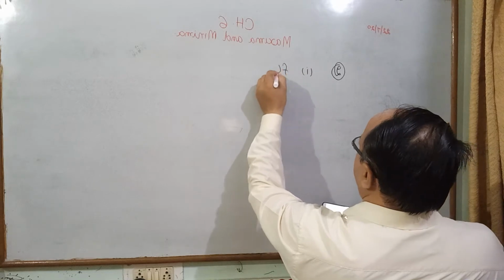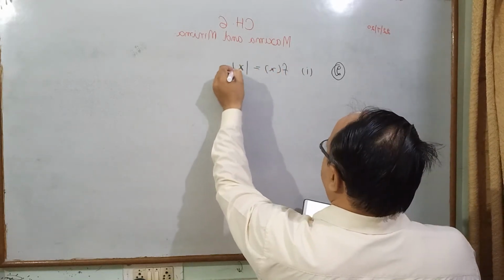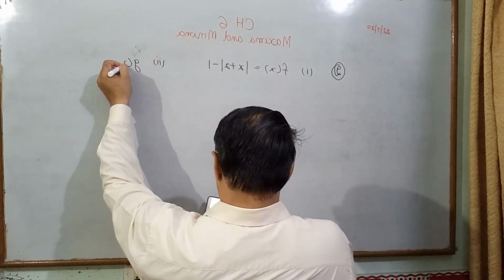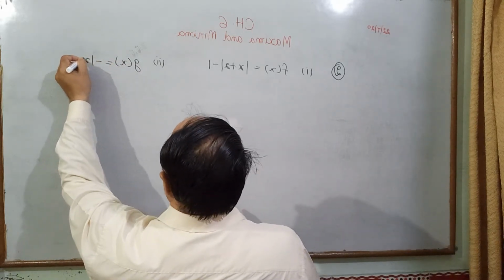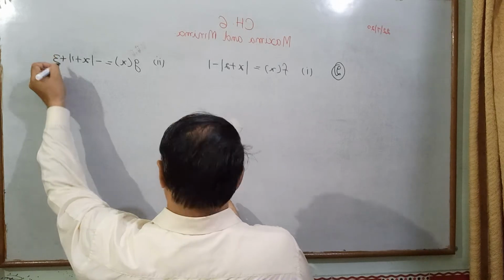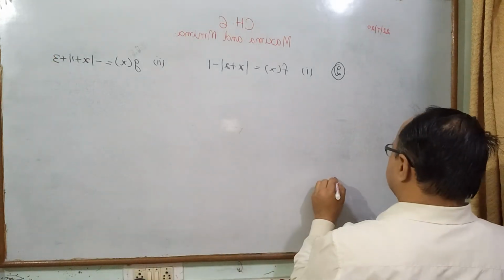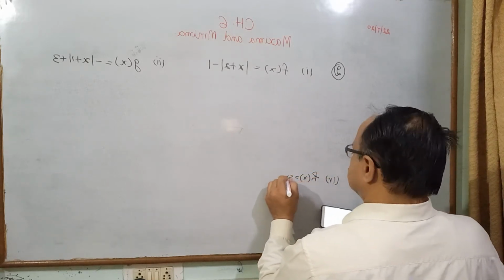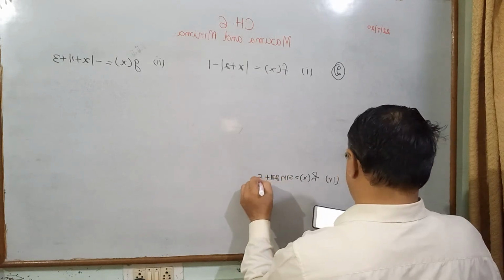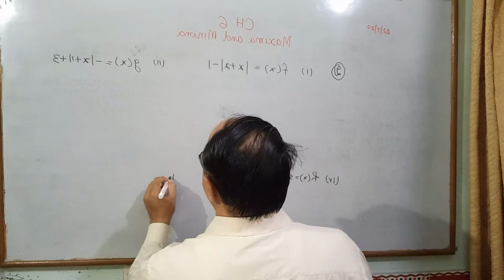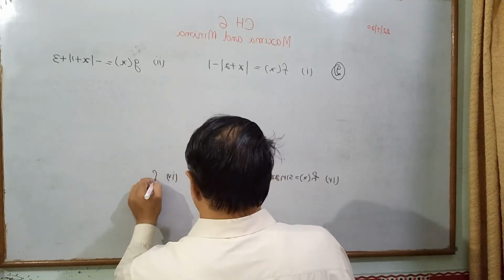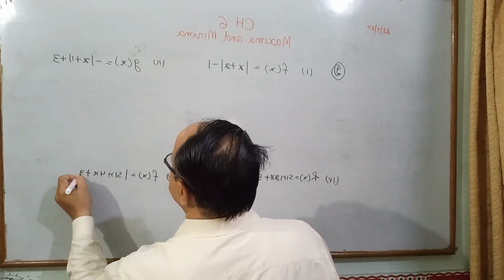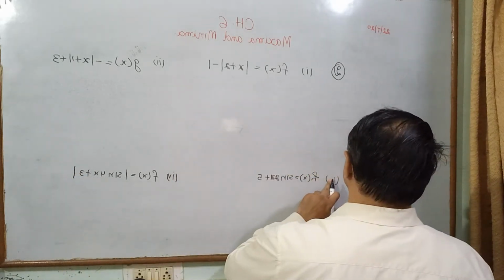Number 1, f of x is equal to mod x plus 2 minus 1, and the second part, g of x is equal to minus mod x plus 1 plus 3, and the third part of this question, h of x is sin 2x plus 5, and the fourth is f of x equal to mod of sin 4x plus 3.